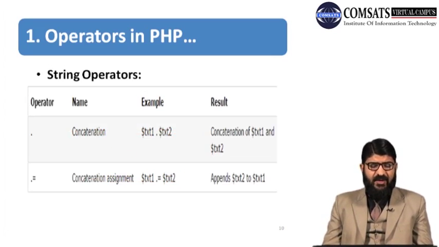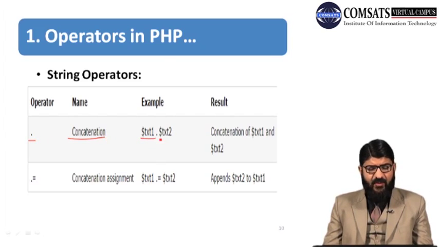So basically string operators use two concepts. The first concept is only the dot. This is only used for concatenation, and you simply write a dot between the two variables, and it will concatenate string 1 and string 2.